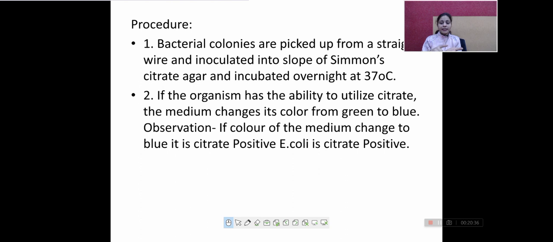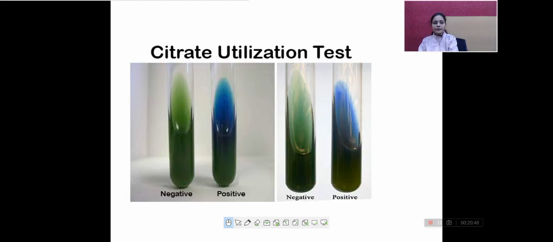When we inoculate this test tube with bacteria and that bacteria utilize the citrate, the color changes to blue. This is the green citrate with no change in color, which means a negative result, and this is the positive result because there is utilization of the citrate.